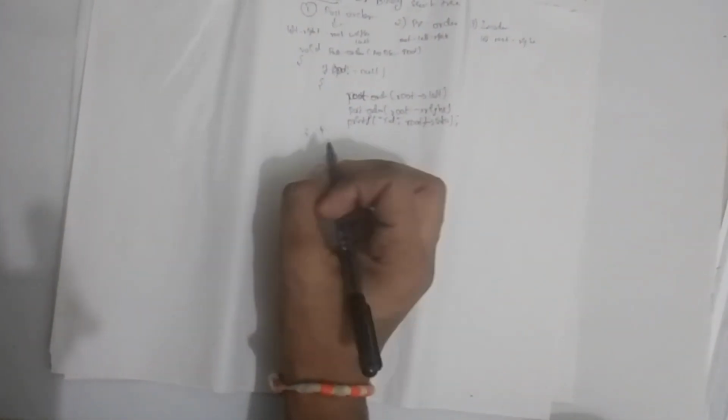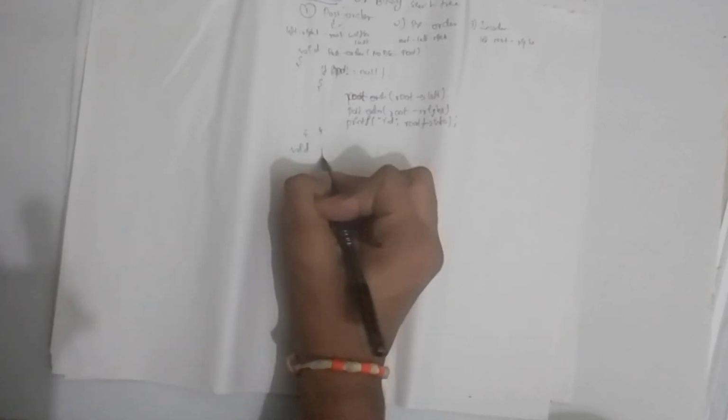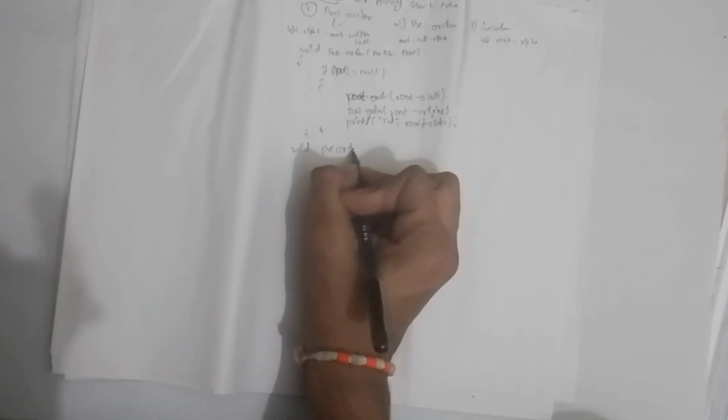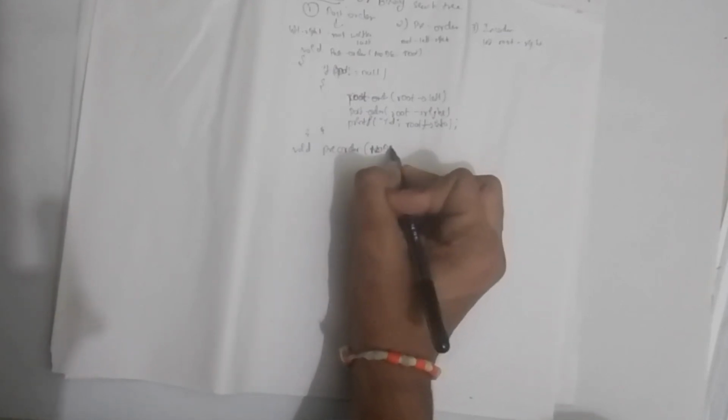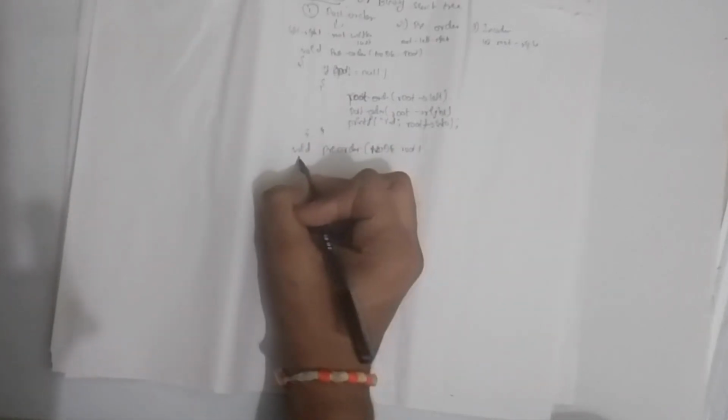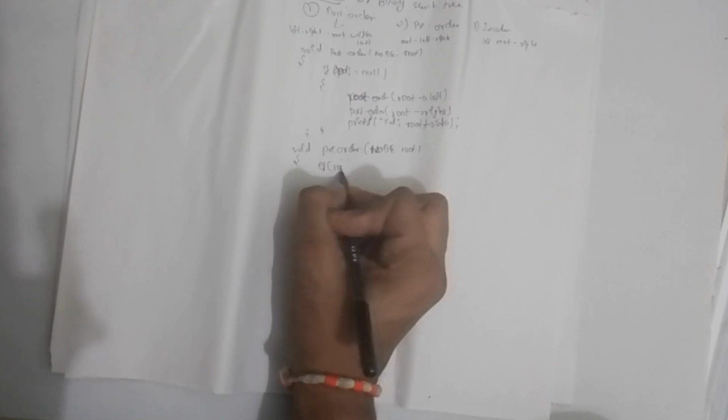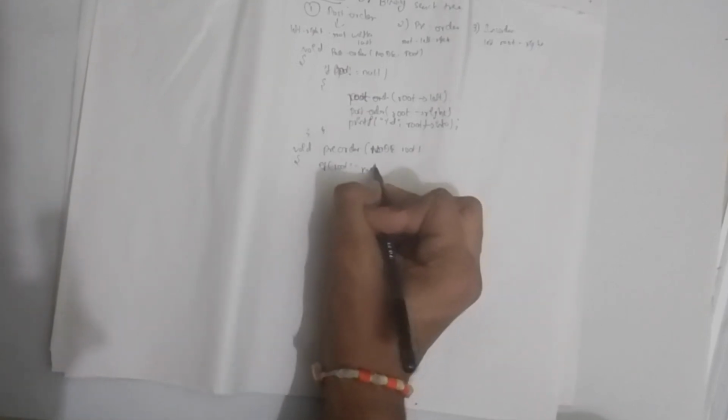Similar to this, void pre-order, node root, if root not equal to null.